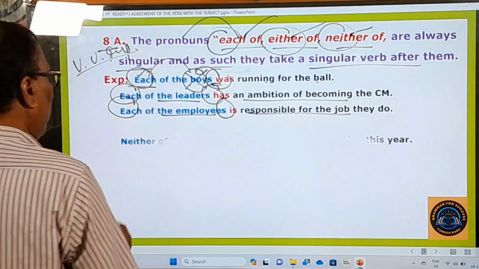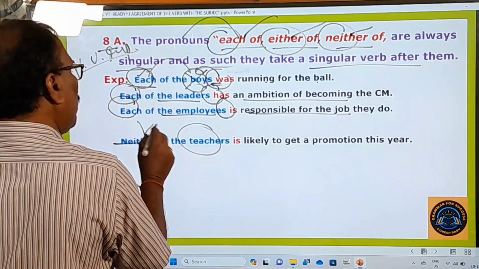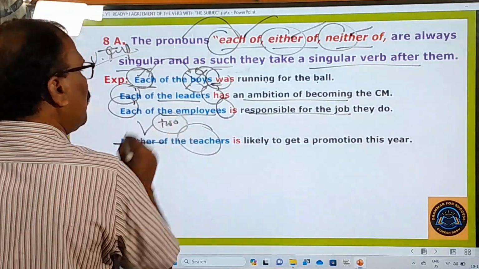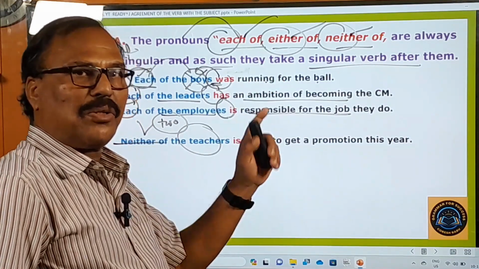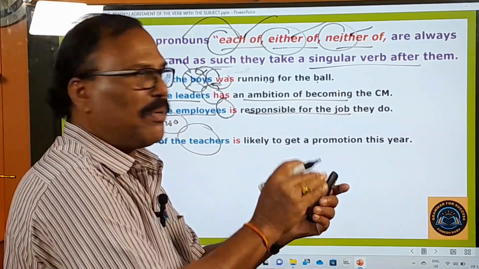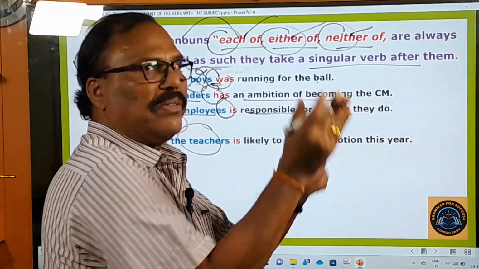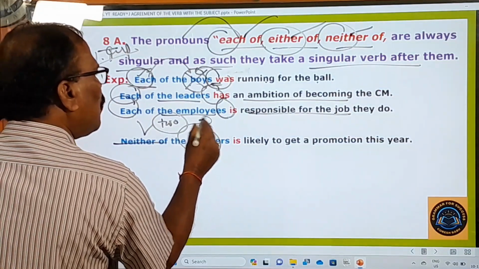And here with neither of the teachers, okay, neither always refers to two persons or two things only. Either also refers to two persons or two things, and either means this one or that one, that is the meaning. Neither means not this, not that, that is the meaning. So neither means how many teachers are there here? Only two.